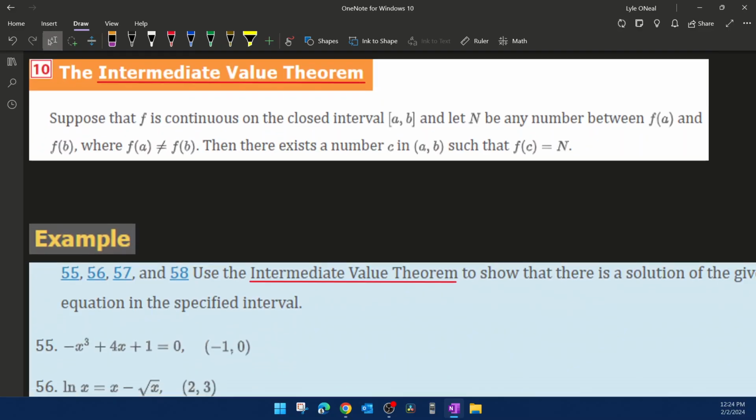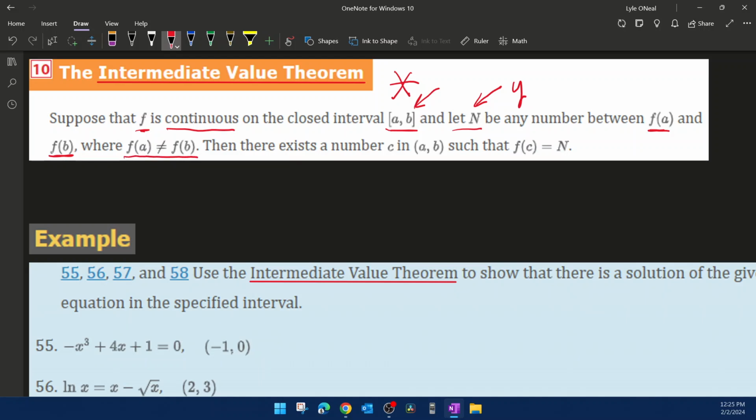And then we reach one of the big ones. This one is important to know, the intermediate value theorem. Suppose f is continuous on the closed interval from a to b. Okay, so we're going to say that f is a continuous function on a particular closed interval, which includes the endpoints. And let n be any number between f of a and f of b. So n would have to be a y value since f of a and f of b are y values.